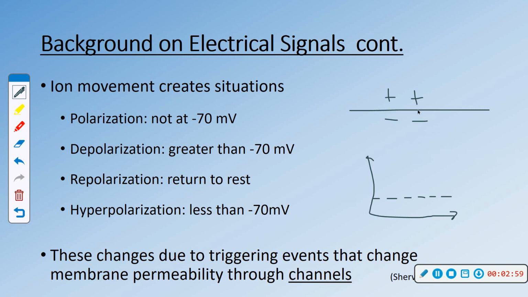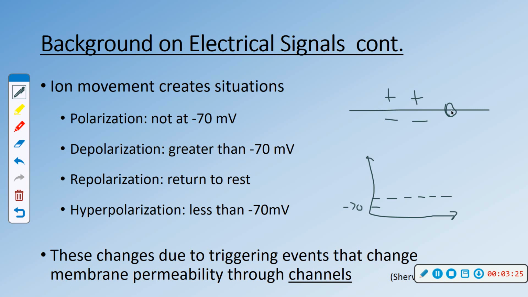So inside of the cell, there is a set number. We say that its rest position is at -70 millivolts, where we start out. On every cell there are channels, and there are specific channels that allow certain substances to move in.